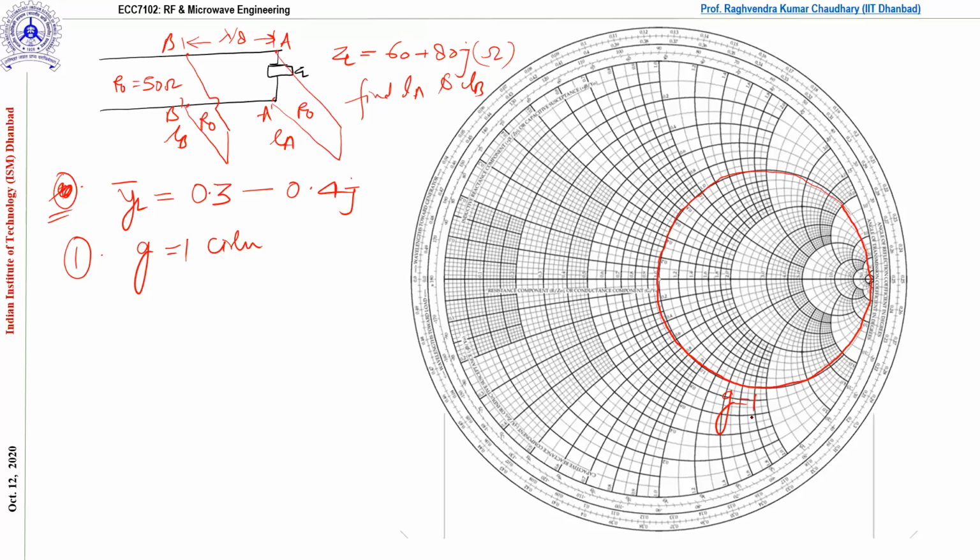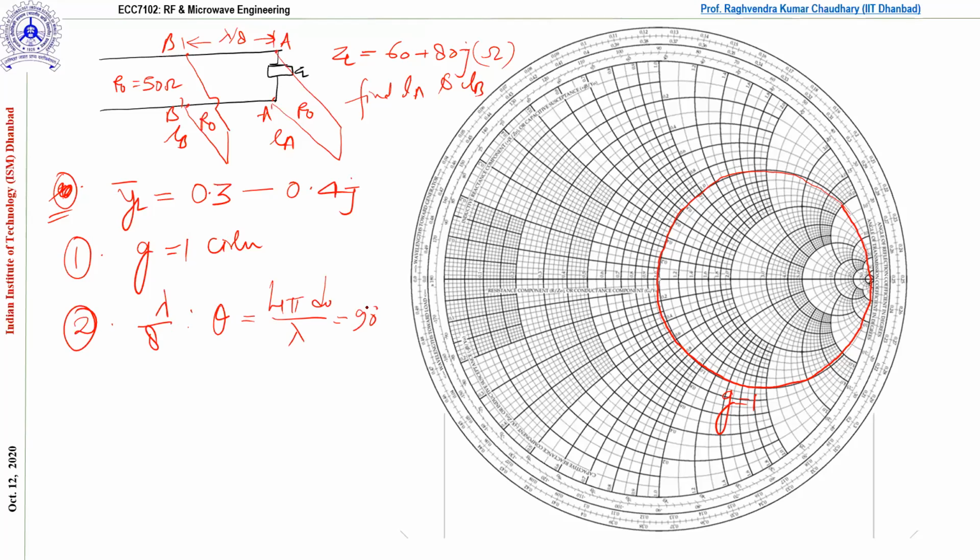Rotating by lambda by 8 is step number 2 I'm talking about. Now if you try to find its corresponding angle, at what angle we need to shift it, this will be 4 pi d naught by lambda. Now if you solve this, you will get 90 degrees. Now how will we take the shift of 90 degrees?